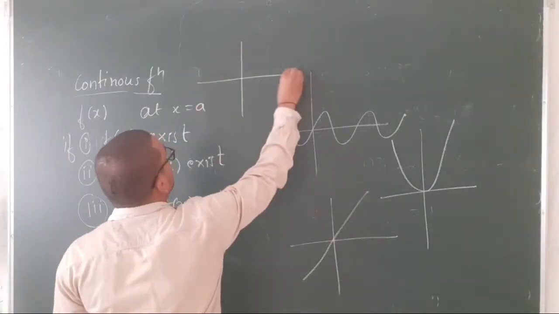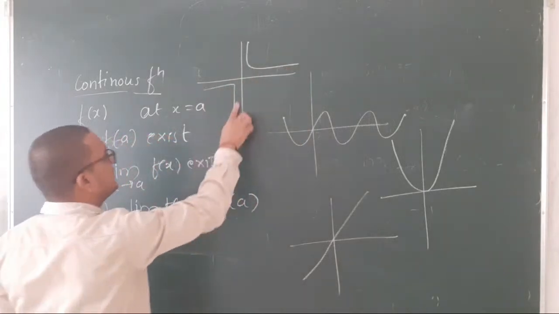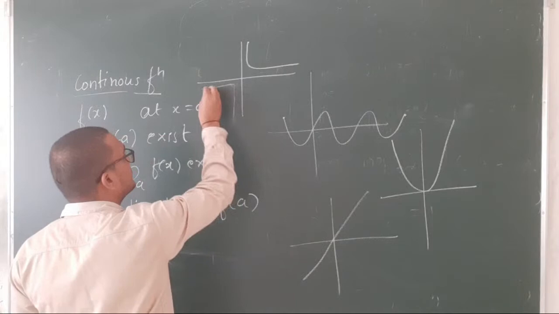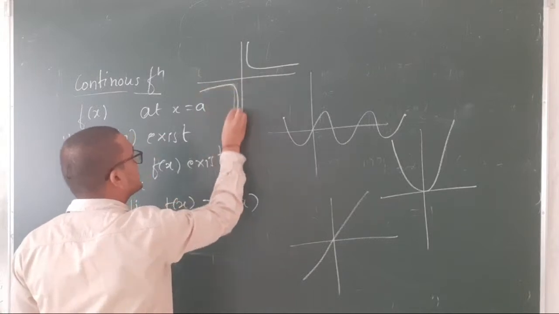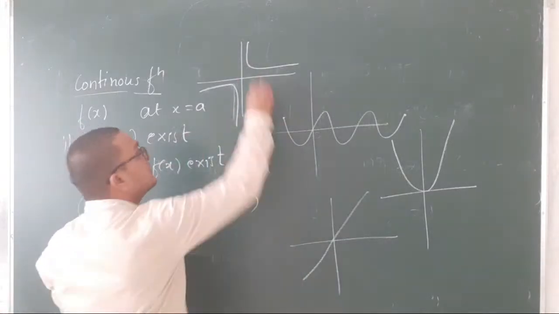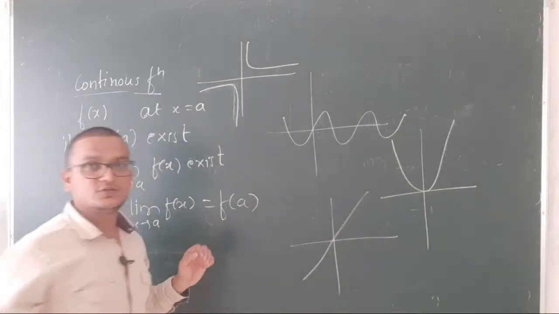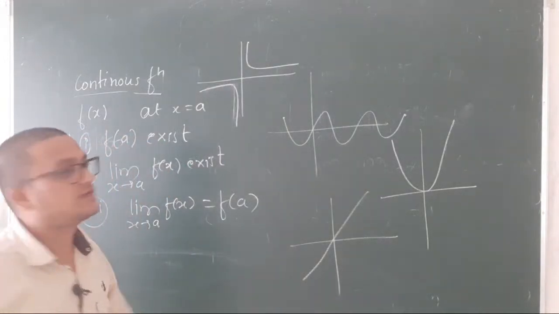Suppose we have this type of graph. I think this is the graph of 1 by x. This is one curve, and I drew another curve after lifting the hand. So it is a discontinuous function.